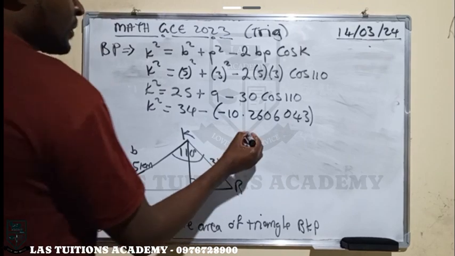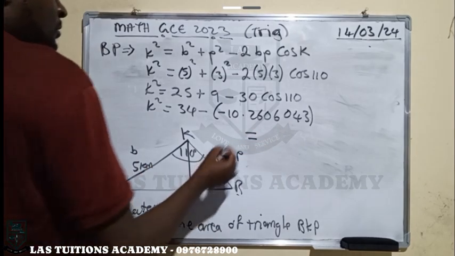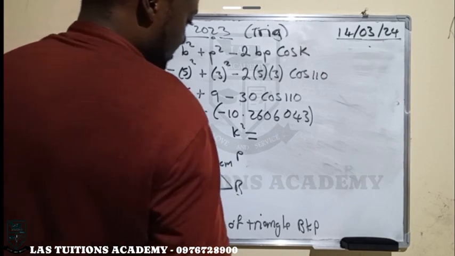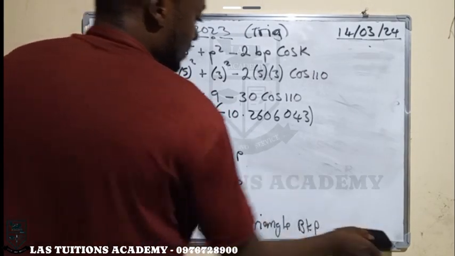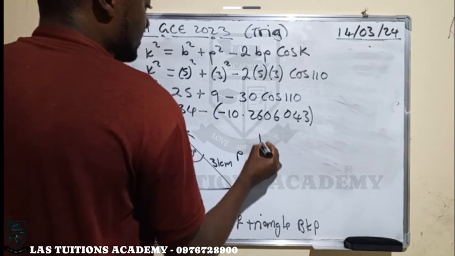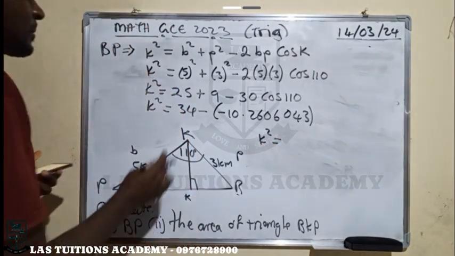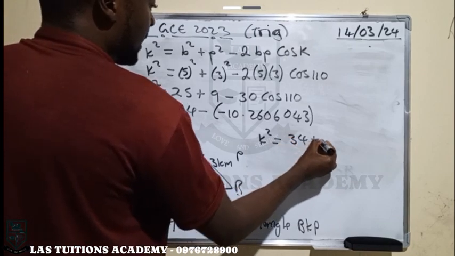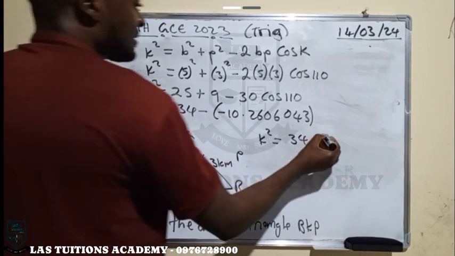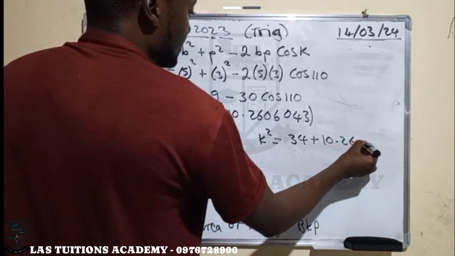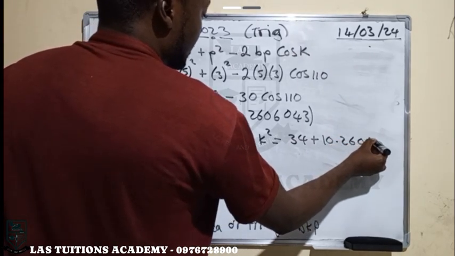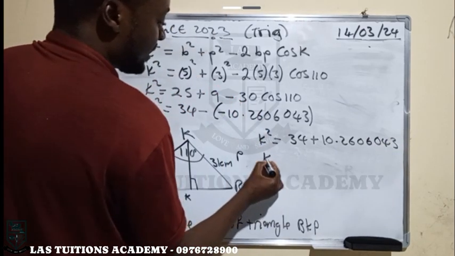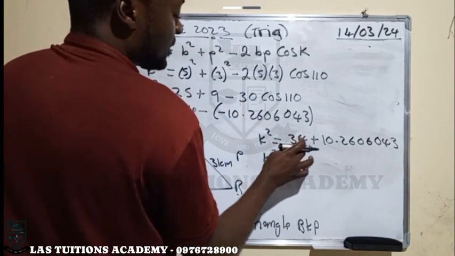So k squared is equal to 34 minus minus, we're going to have 34 plus, because minus minus will give us plus 10.2606043.